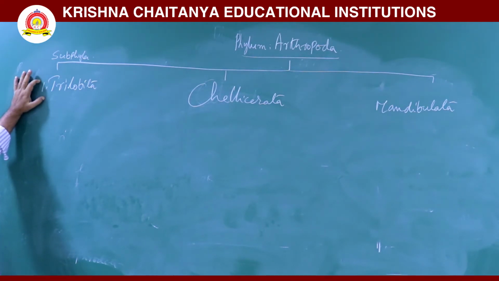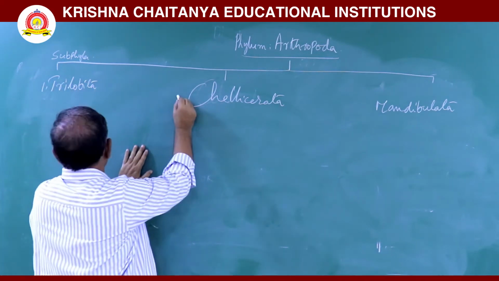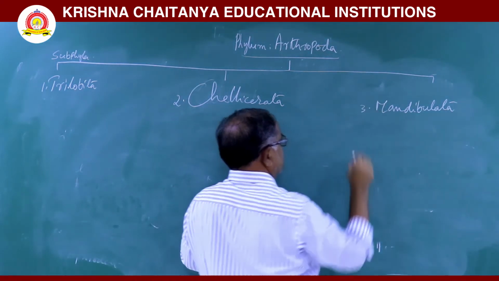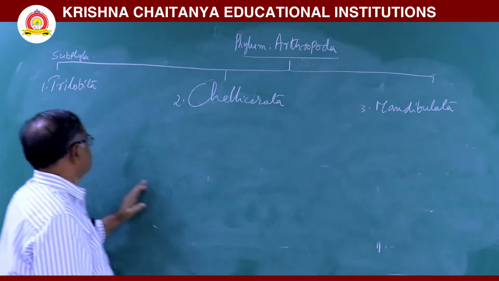First subphylum is Trilobeta. Second subphylum is Kcjc. Third one is Mandibulata.